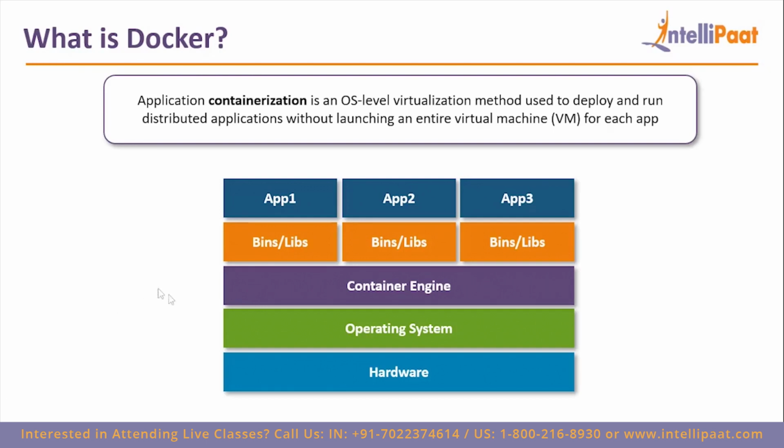Okay. So if you again come back to this architecture, you have the hardware. On top of the hardware, you have the operating system. On top of the operating system, you install the Docker software. And on top of the Docker software, you run containers. All these containers have the minimum binaries or libraries, and on these, you just put your code.